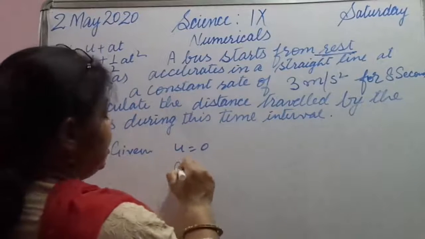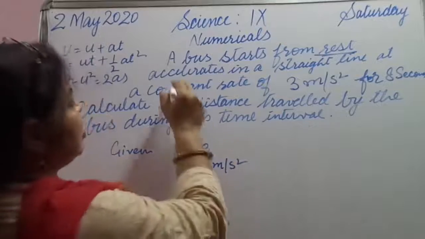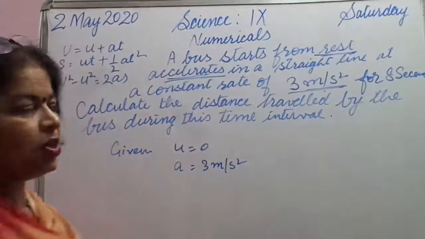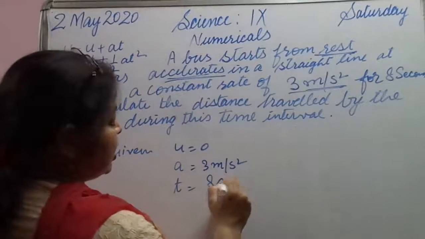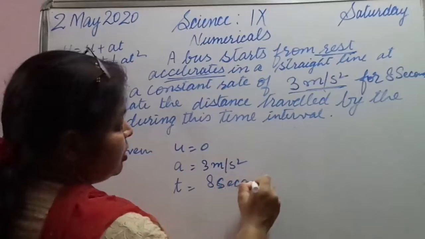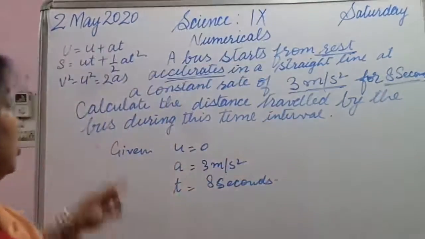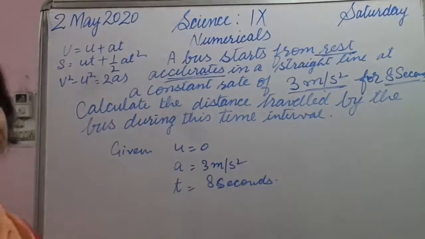So A is equal to 3 meter per second square. It is clearly saying that it is accelerating. Now time, T is equal to 8 seconds. It is mentioned in the question here.